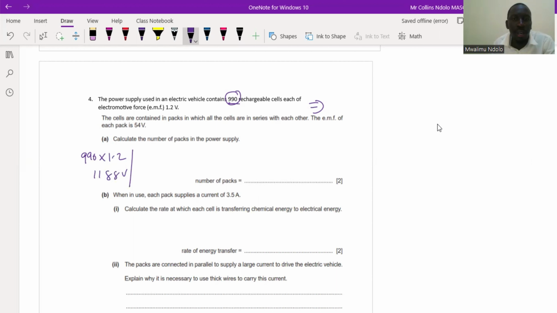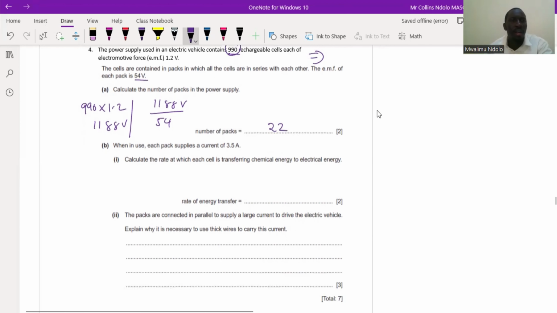We want to know the number of packs because each pack is 54 volts. Then we divide by 54. That will give us 22. So the number of packs will be 22. So that is not electricity. That is a logical question, which also involves the knowledge of electricity.